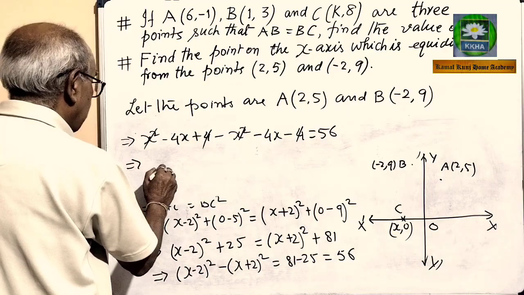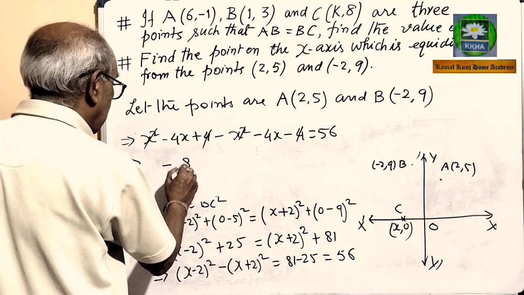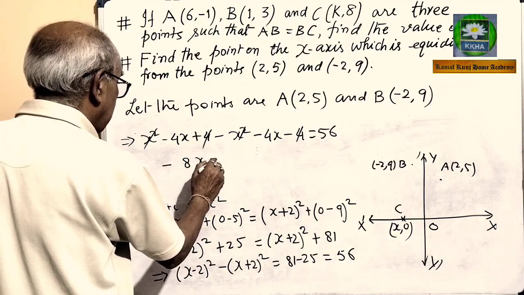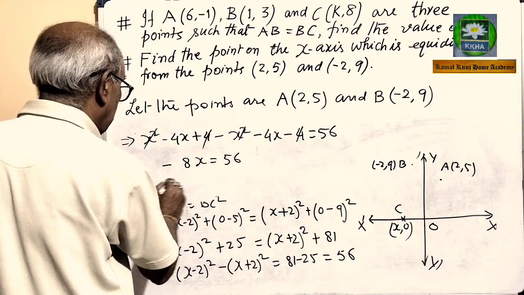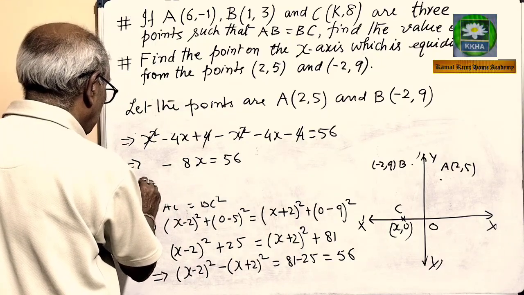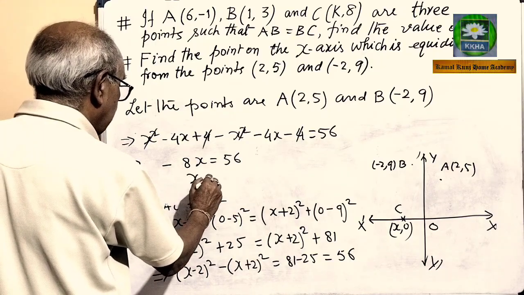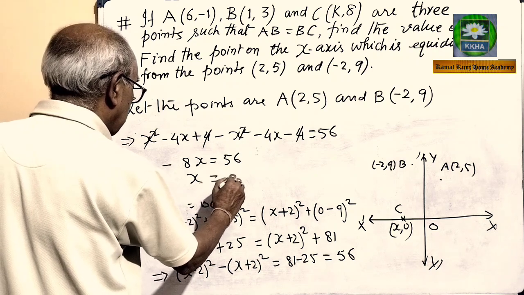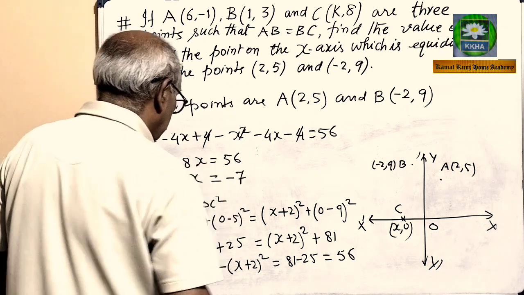This implies that minus 8x equals 56. This implies that x will be equal to minus 7.